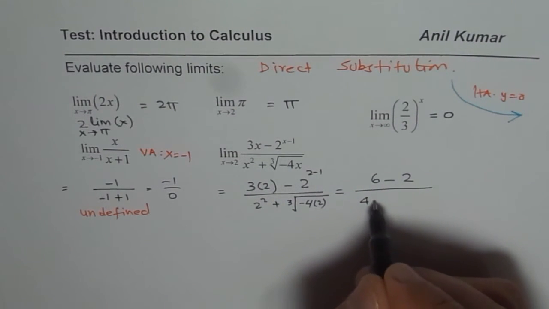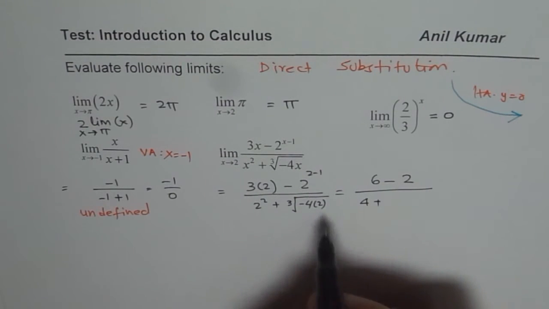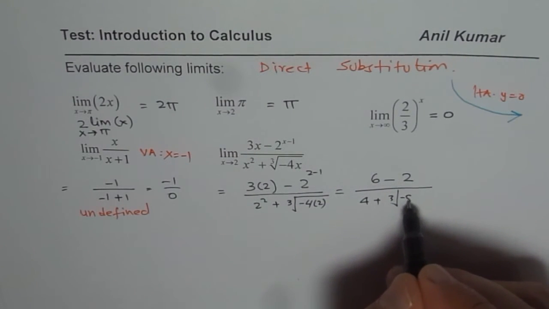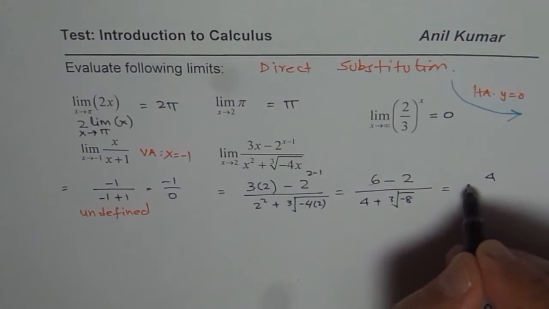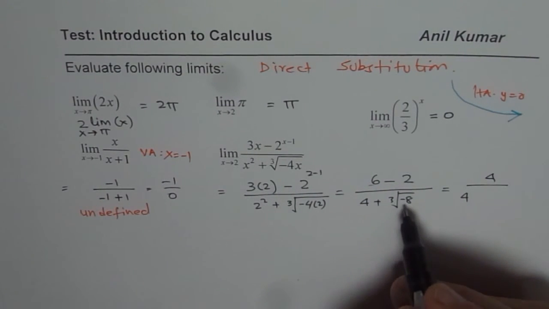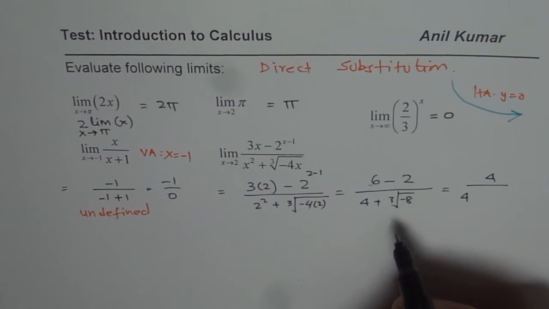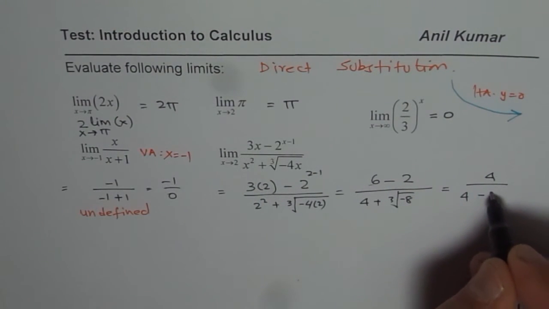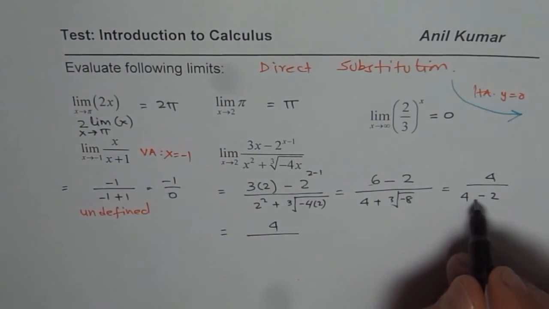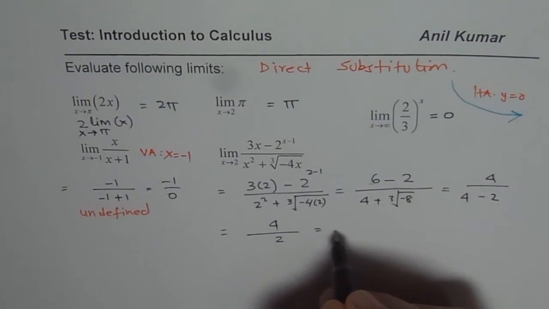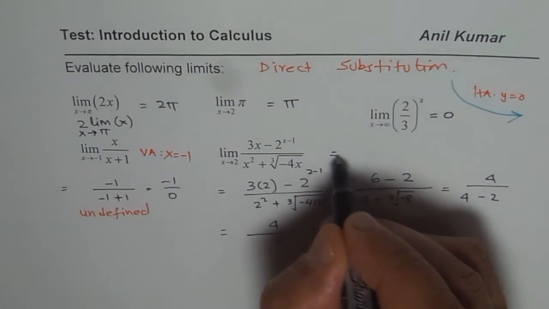Divided by 2 squared is 4, plus cube root of minus 8, correct? Cube root of minus 8 is minus 2. So the question is 4 over 4 minus 2, which is 4 over 2, and that is 2. So the limit of this function is 2.